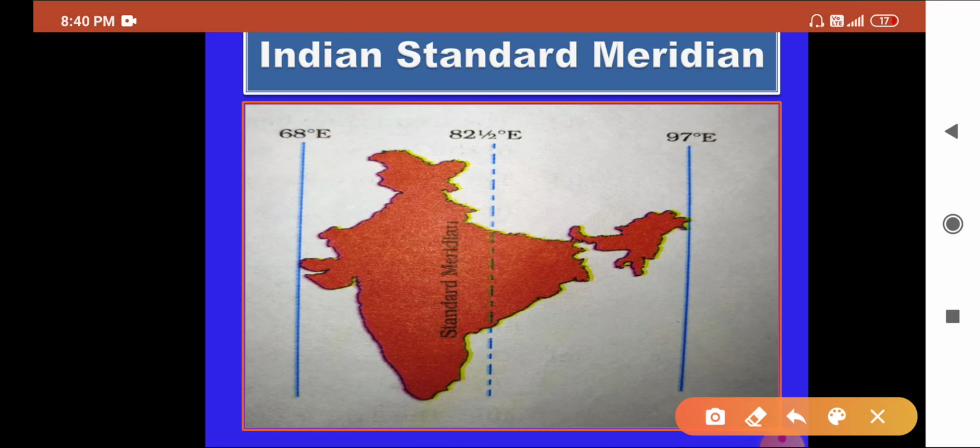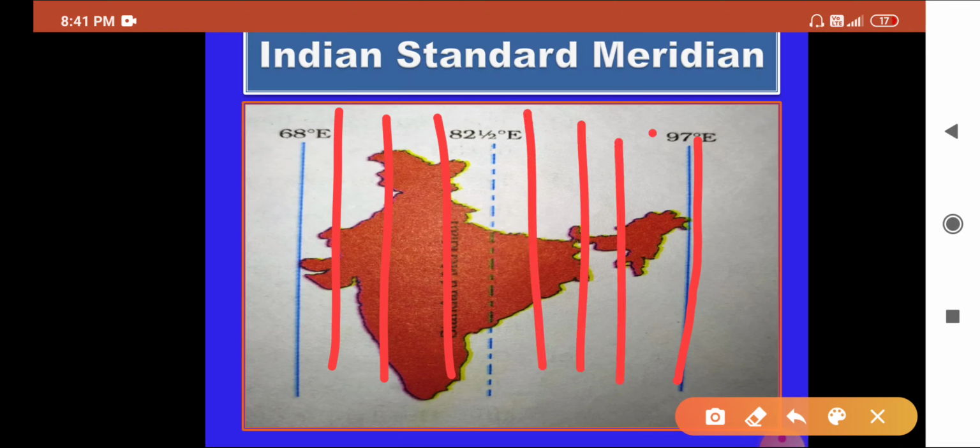Here you can see these lines, that this is 68 degree east. Here this east is written, these are in eastern direction, and in the Arunachal Pradesh region it is 97 degree east. So between this area in India we have around 30 longitudes.